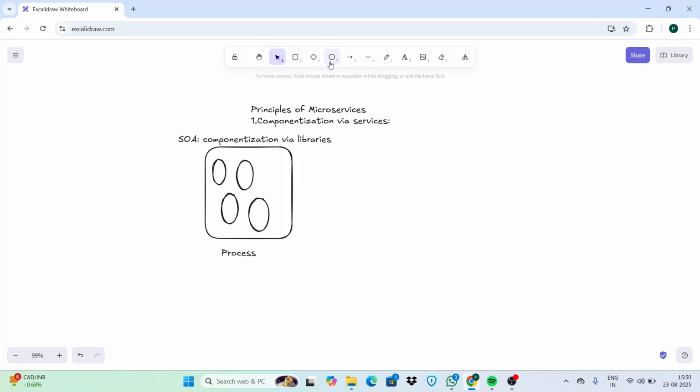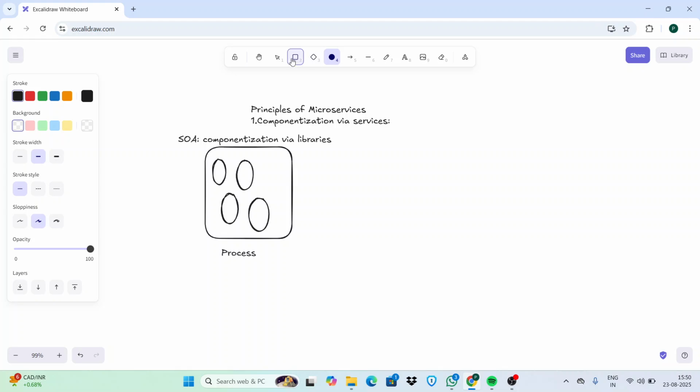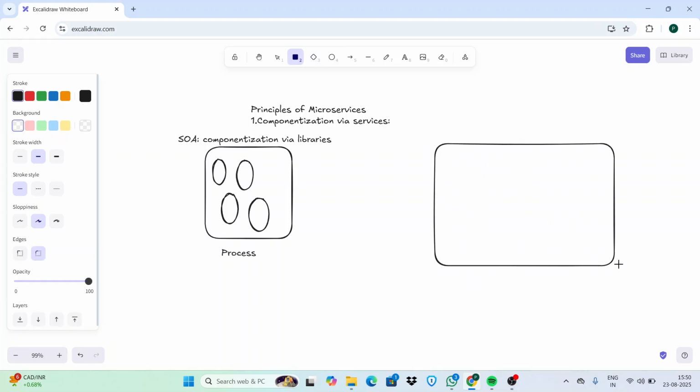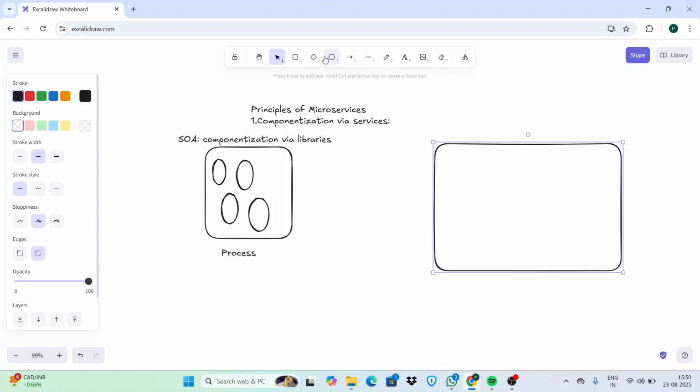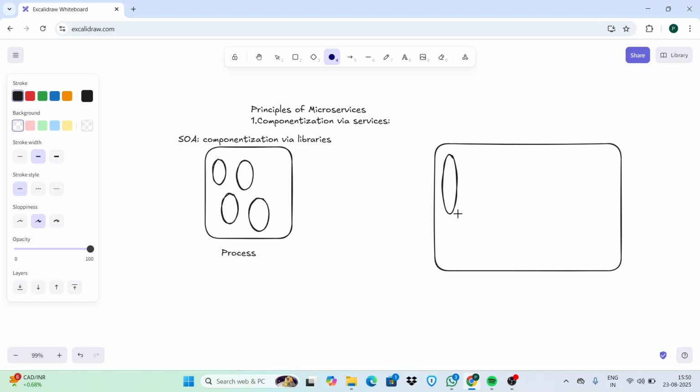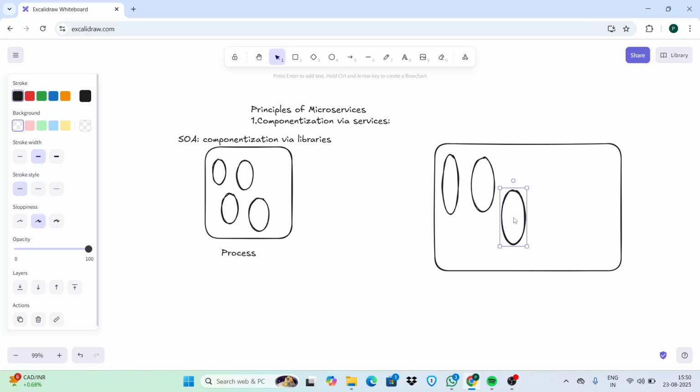So what happens in componentization via services? The big program is divided into a number of services.